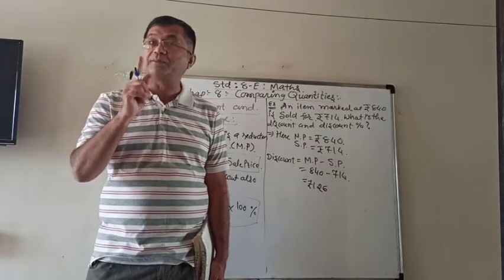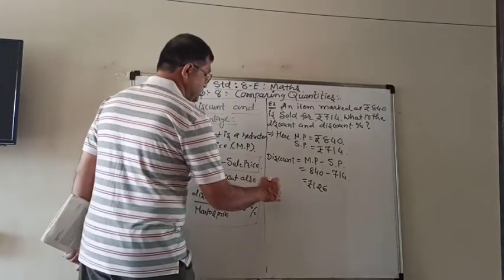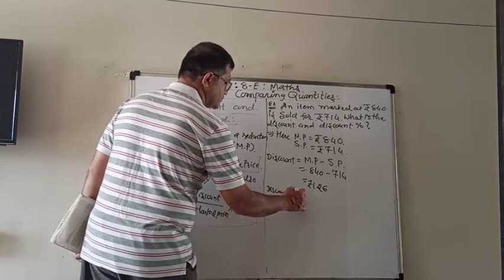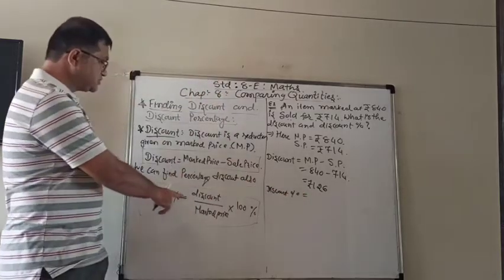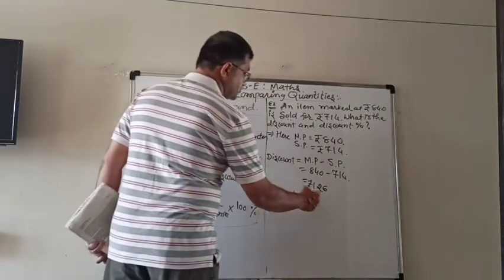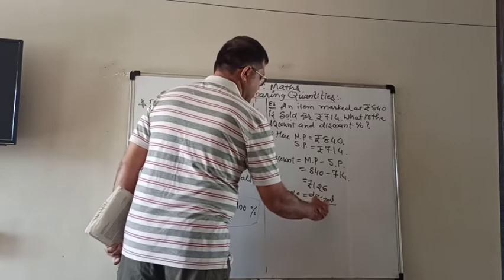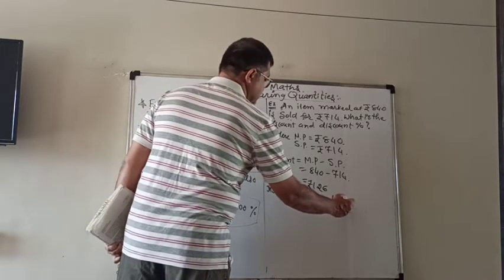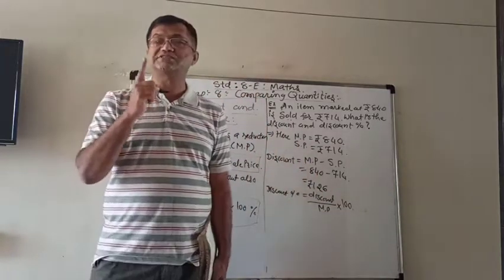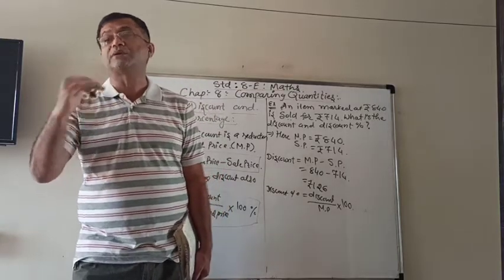Now we have to find the percent also, right? So now discount percent, I told you, is equal to discount divided by MP multiplied by 100. Discount divided by marked price, because always when you find the discount or the discount percent, it is on the base of the marked price.